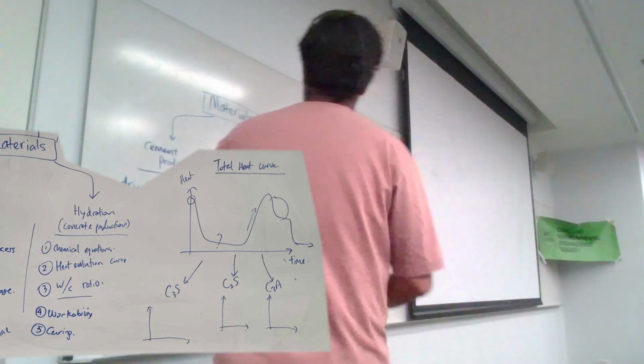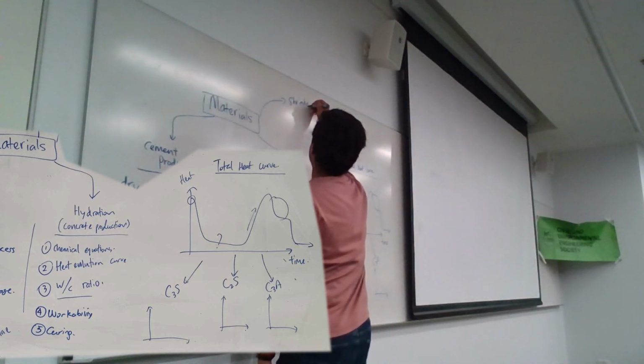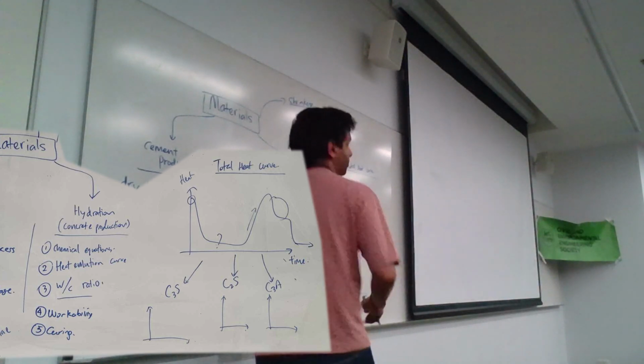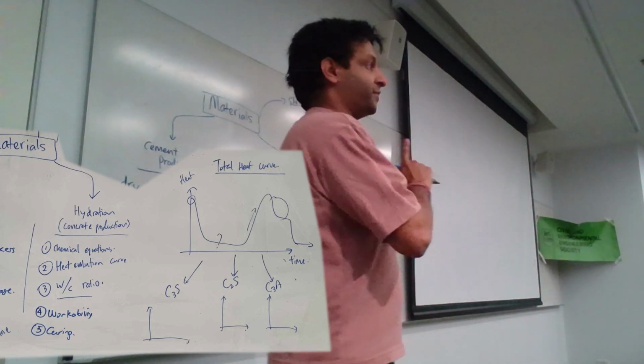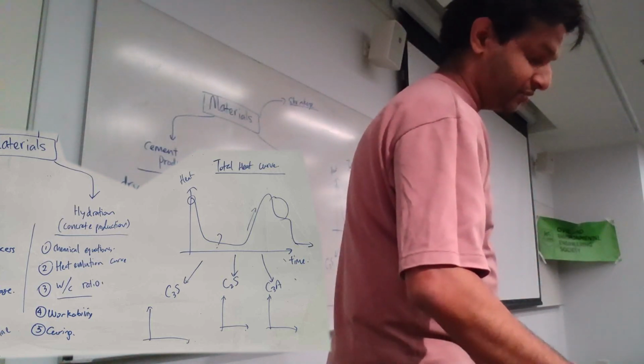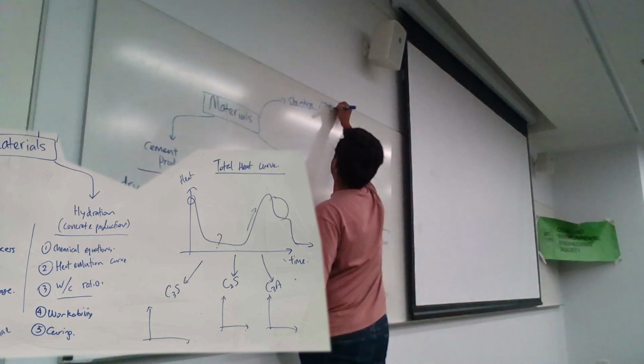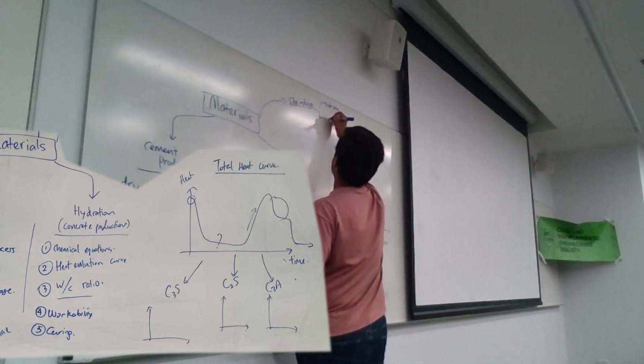The important stuff from week 3 is shrinkage. This topic is notorious because there are a lot of tricky questions that come up in terms of the different types of shrinkage. So for example, you have drying shrinkage and you have chemical shrinkage.